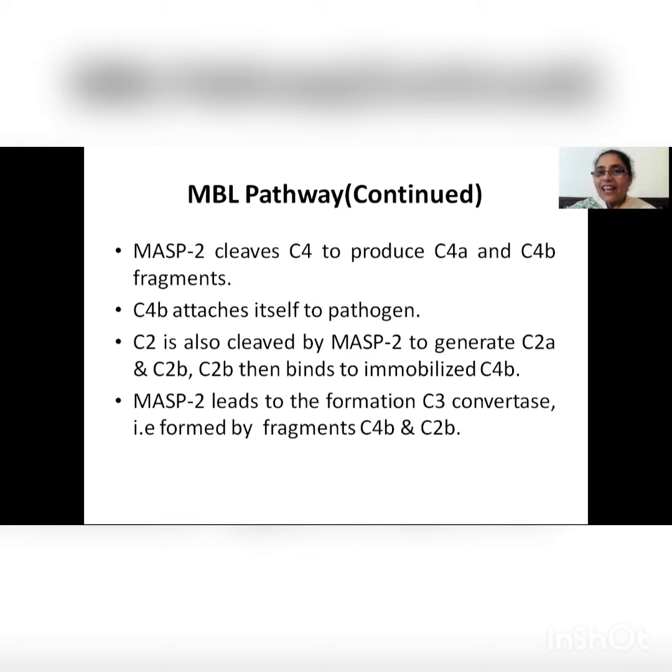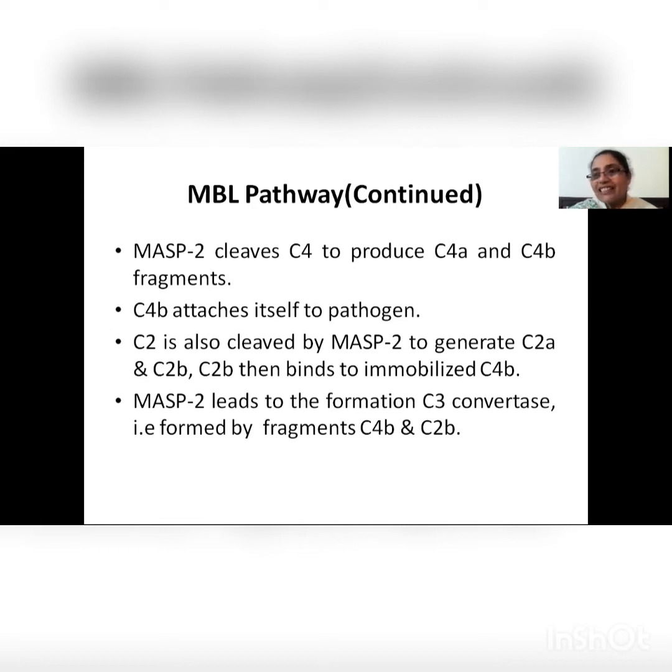And when these get activated, MASP1 activates MASP2, and that cleaves C4 to produce C4a and C4b fragments.